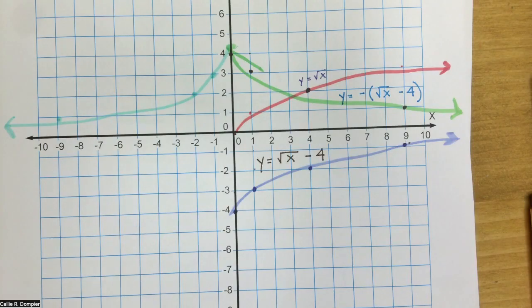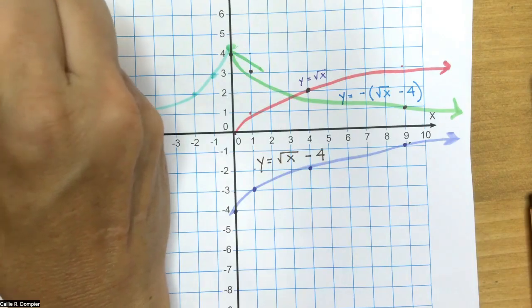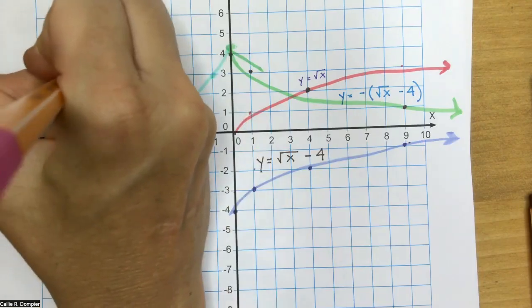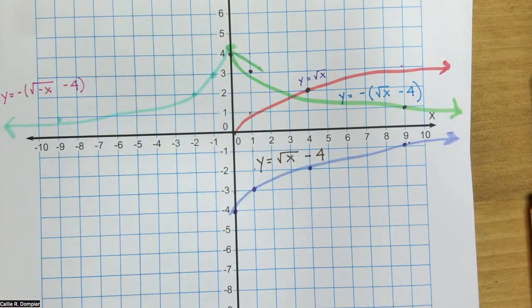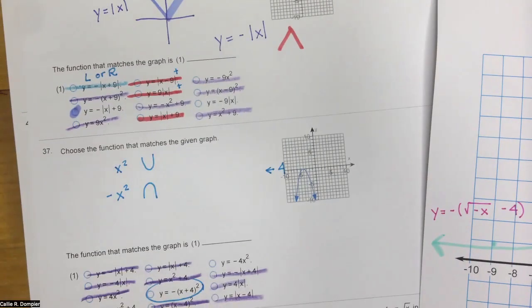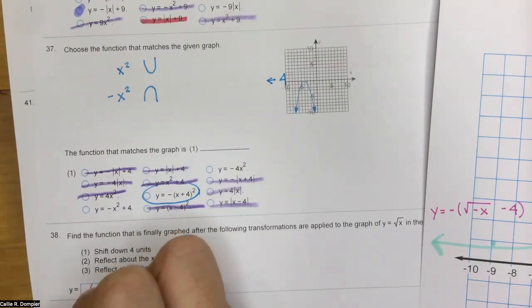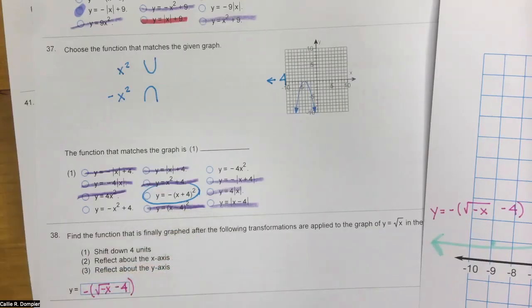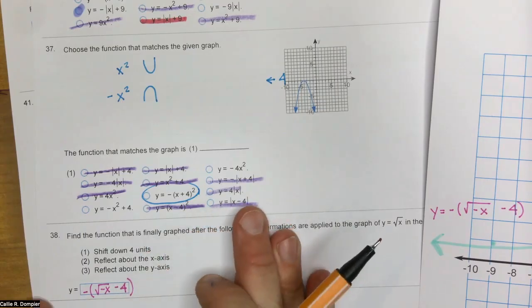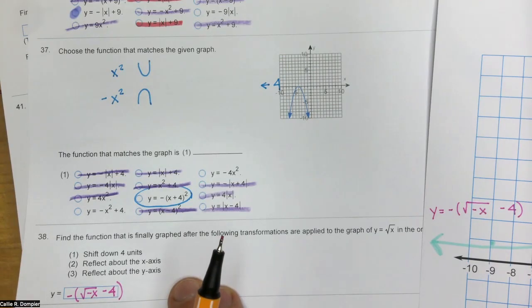But my final answer is y equals negative. What's that last change we made to flip it over here? We made the x negative minus 4. Good? So y equals negative square root, negative x minus 4, close the parentheses. So that's why it's important to do it in their order, so that you know where to put the parentheses and how to do it just one step at a time.